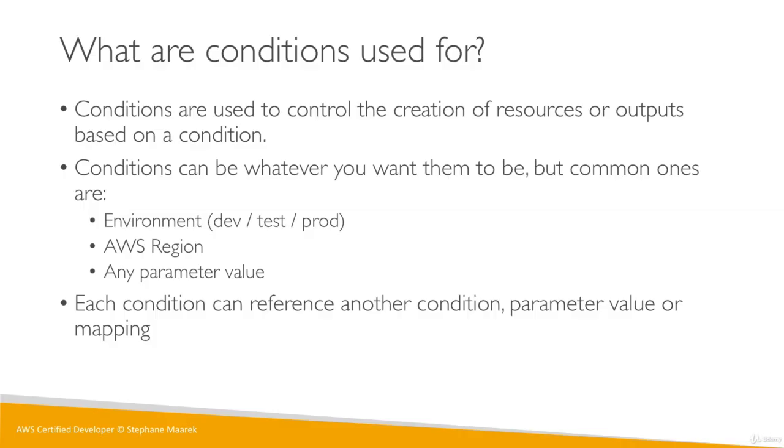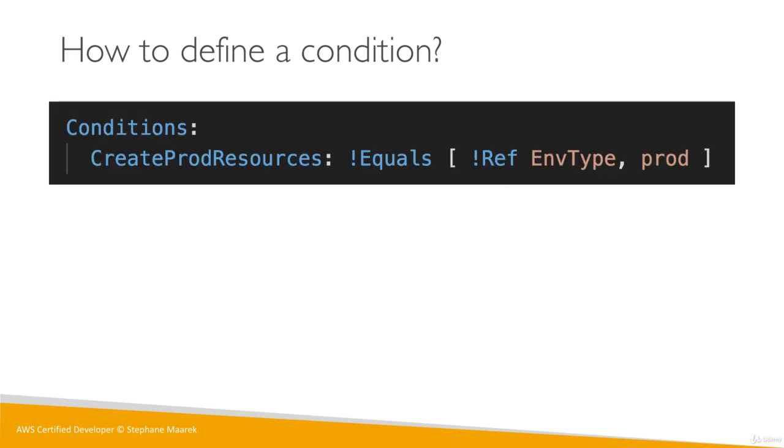Each condition can reference another condition, parameter value or mapping, so you can compose them. To make it more concrete, here is a condition that I've created under the block conditions. We say, do we want to create the production resources? For this, you need to have the environment type, which may be a parameter, right here.